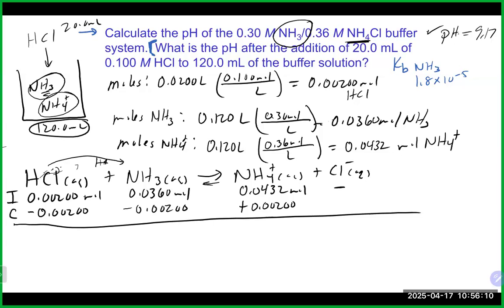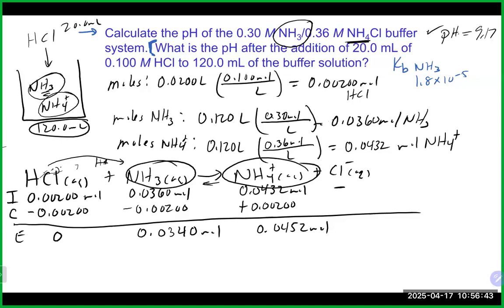That is going to get us 0 there, 0.036 minus 0.002, 0.034 moles. 0.0432 plus 0.002. There you go, 0.0452.